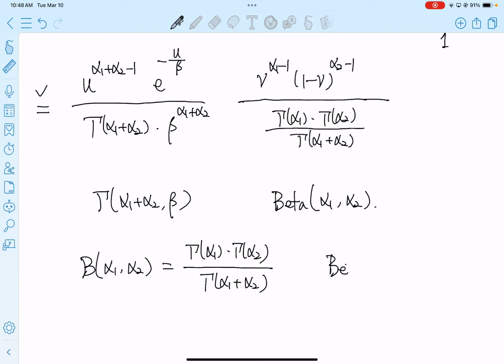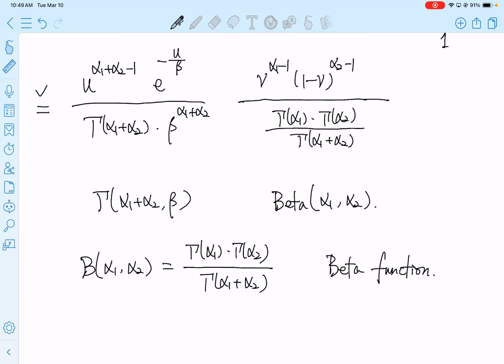So this is called a beta function. So now if you replace this capital B of alpha 1, alpha 2 with this numerator, then you have obtained a probability density function of a beta distribution. So that is also a new distribution.